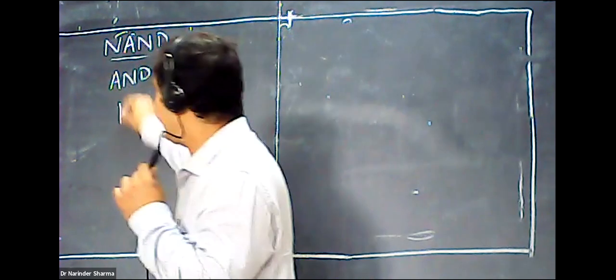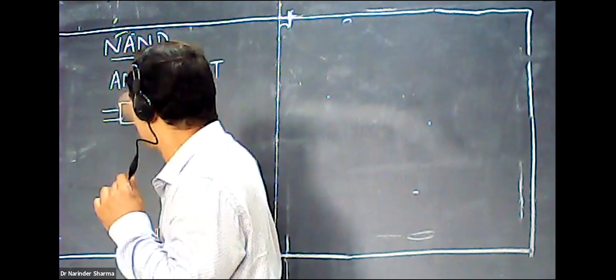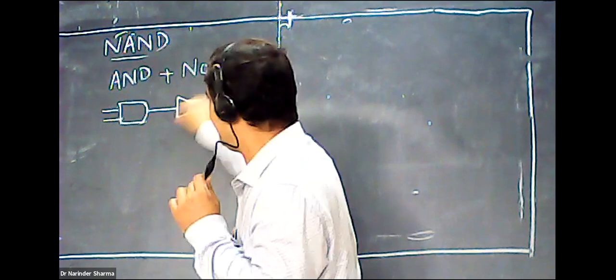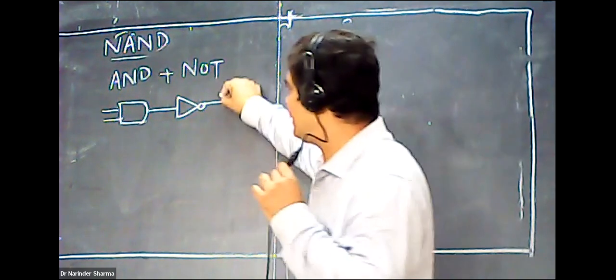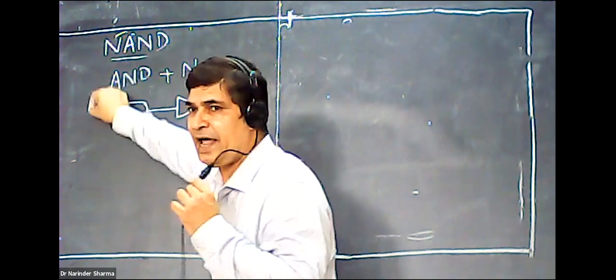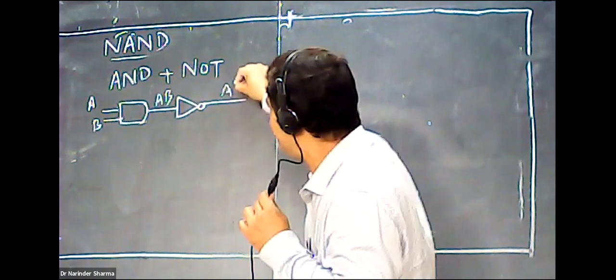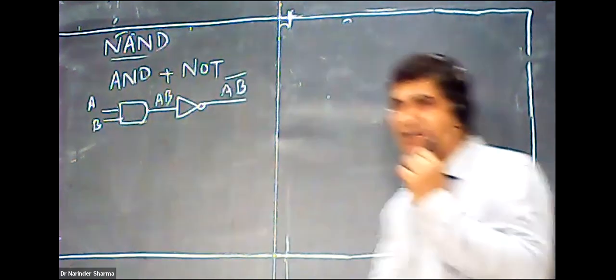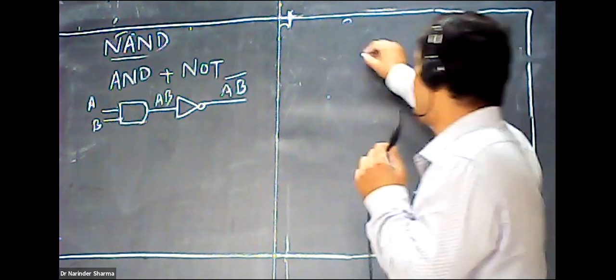So this is your AND gate, and here you have to apply the NOT gate. If I apply the inputs A, B, this would be A into B, and the NOT gate will give us its complement, that would be (AB) bar. Its truth table.